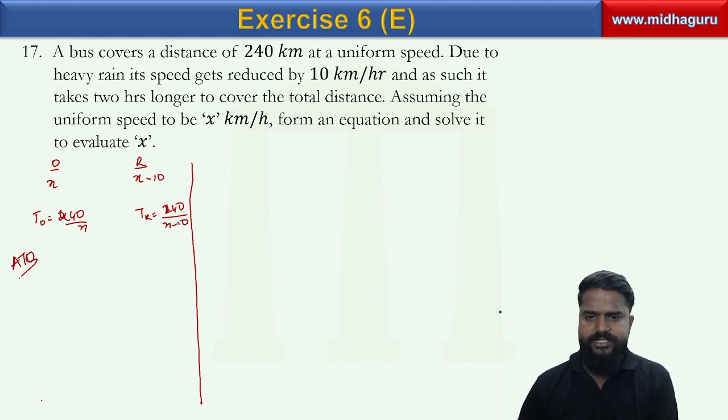Now according to this question, the time difference, that is TR minus TO, is equal to 2 hours. So substituting the values of each, we get 240 by x minus 10 minus 240 by x is equal to 2.